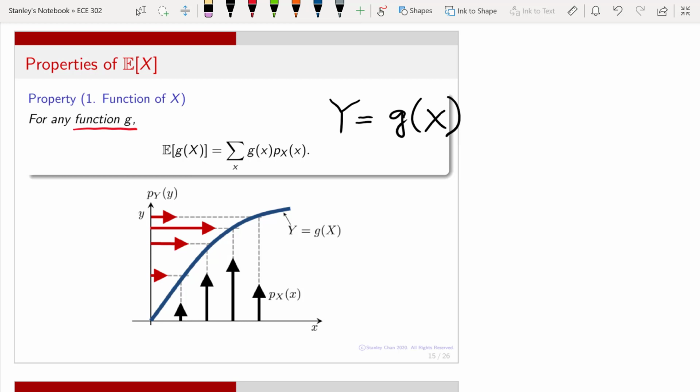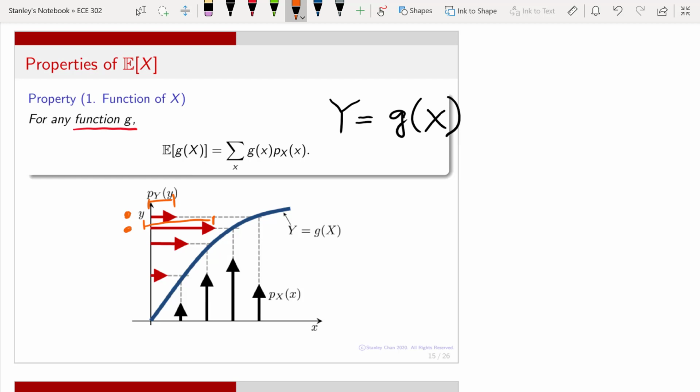So what is expectation? The expectation is computed as the state times the height plus another state times another height, and so on. So when you try to calculate the expectation of g(x), what you need to do is to calculate the state times this height plus this state times this height, and so on.